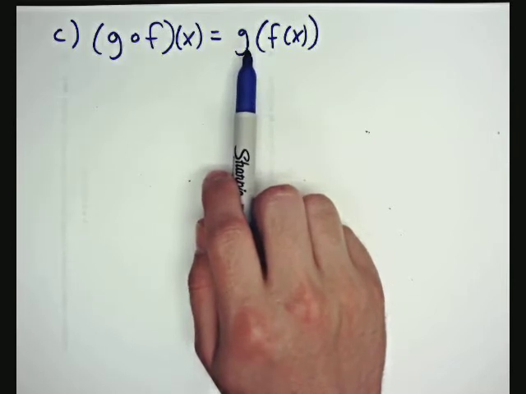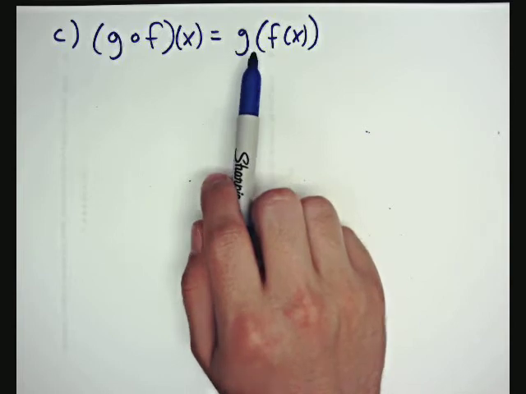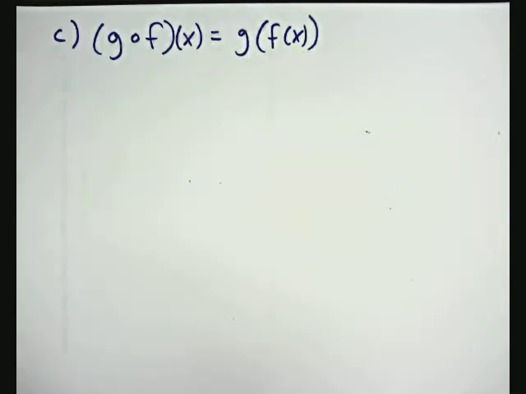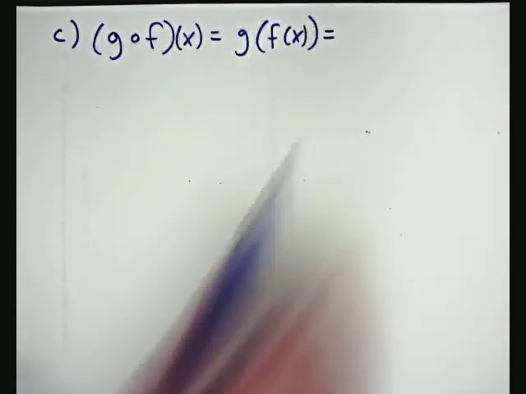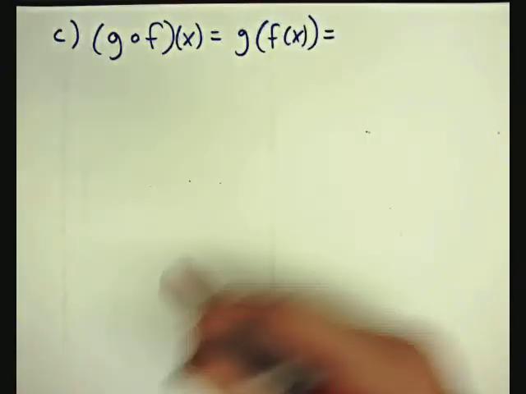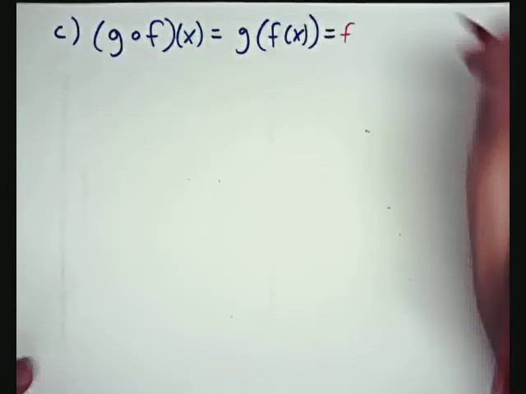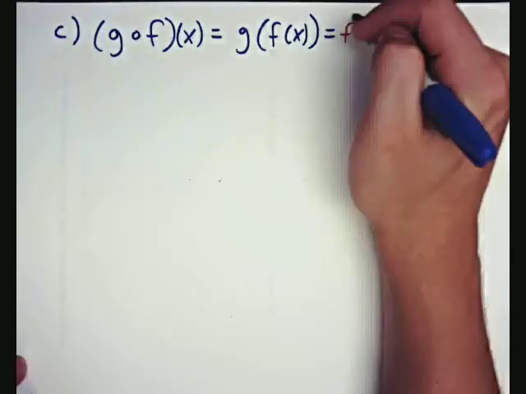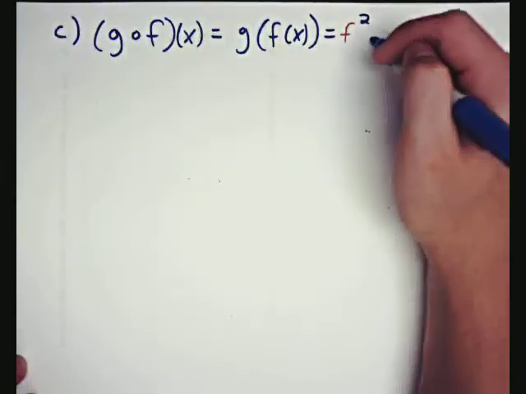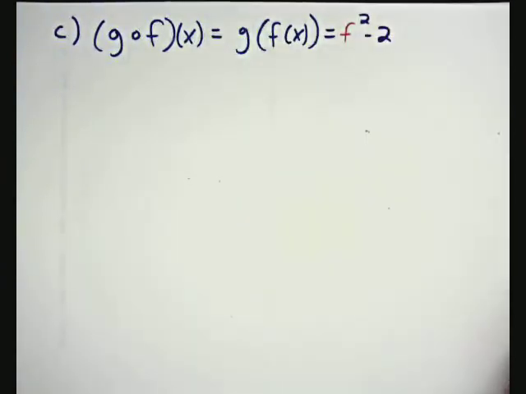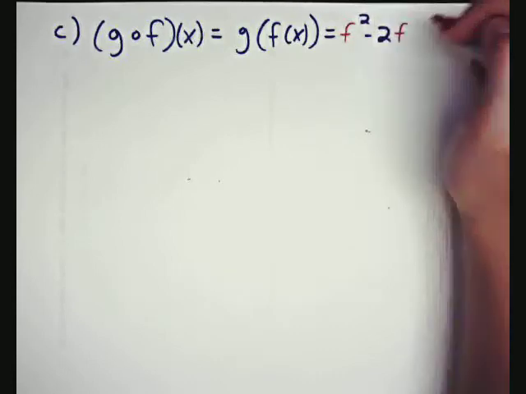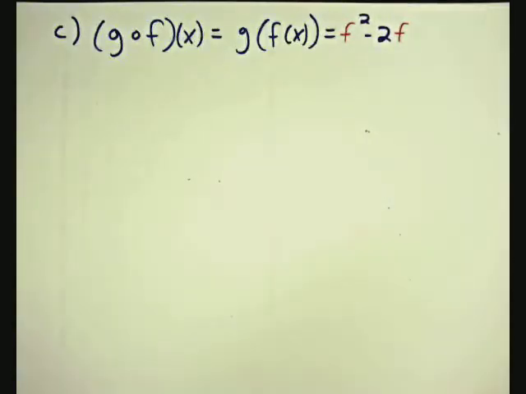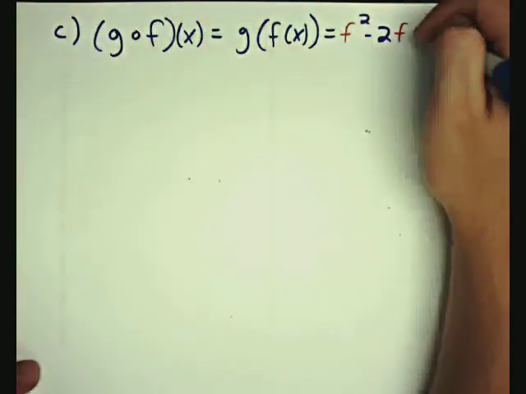So take the function g, and everywhere that there is an x, replace it with an f. So this will equal, instead of x squared, f squared, minus 2, instead of x, f, and then plus 6.